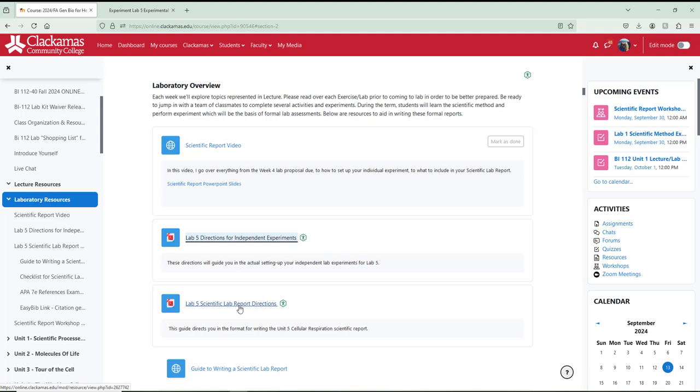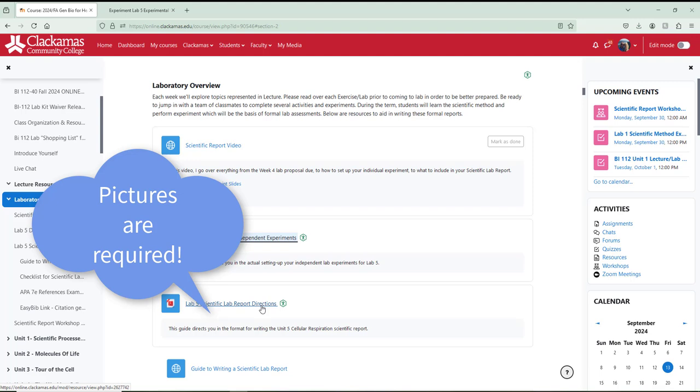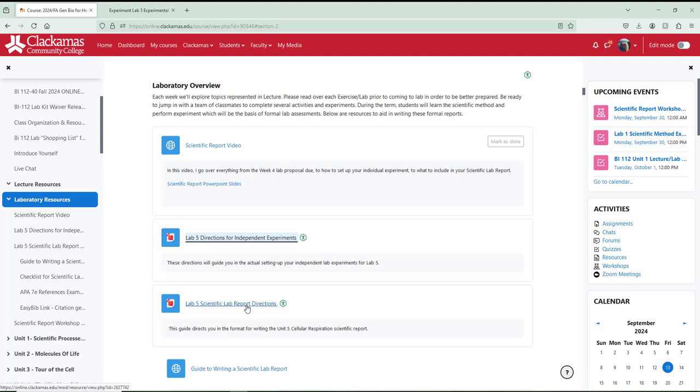So now is a good time to take pictures of your balloons and all that when they're inflating. So don't forget to make your observations, write down all of those observations, all of the data. Take good notes of what's going on throughout the experiment, and then take lots of pictures throughout your experiment, just in case you need anything for your scientific lab report later on.